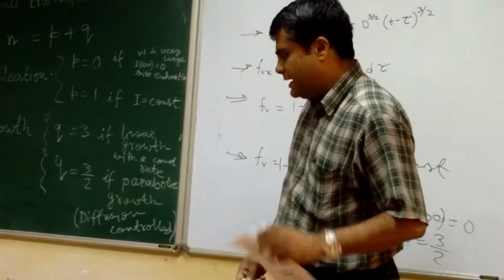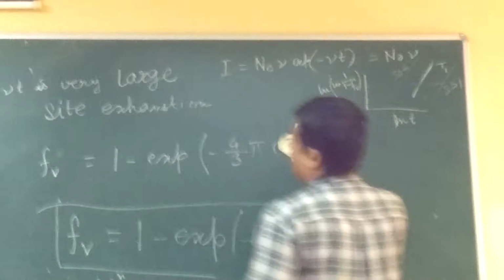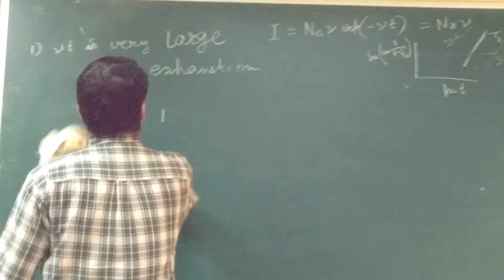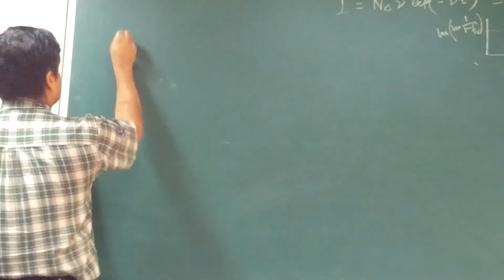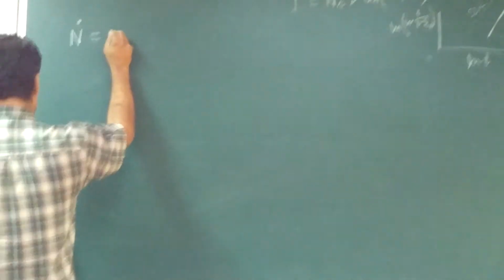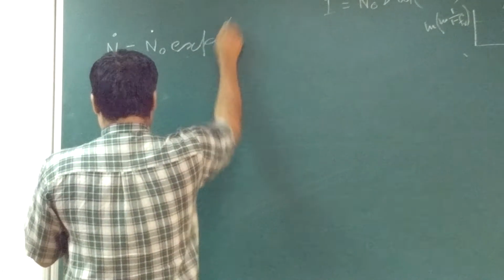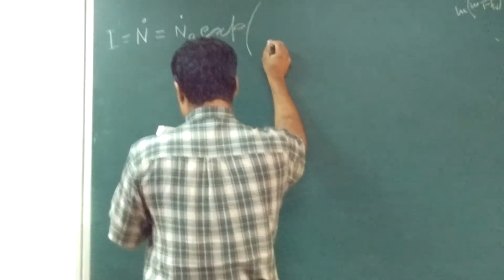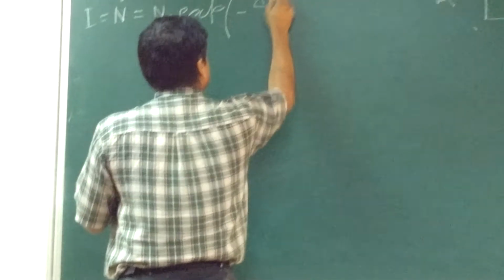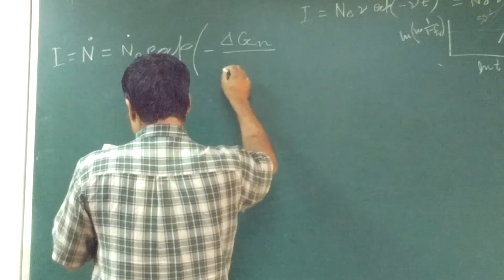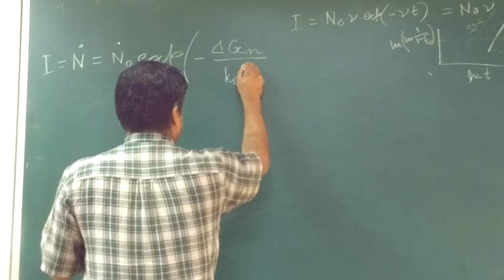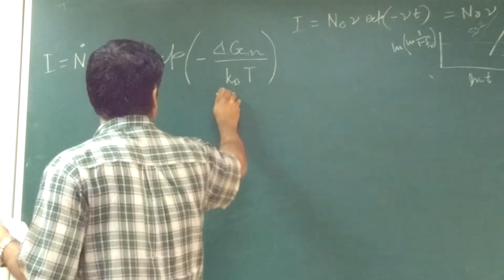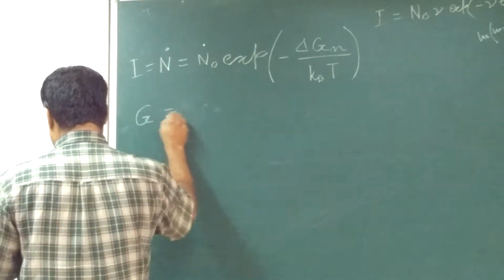To find out the temperature dependence of nucleation and growth for this overall transformation, both nucleation and growth are thermally activated, so your N dot should be equal to N0 dot exponential of minus the activation barrier of the nucleation process, delta G of N, divided by RT or kT, per mole or per atom, and there will be the growth rate also similarly.